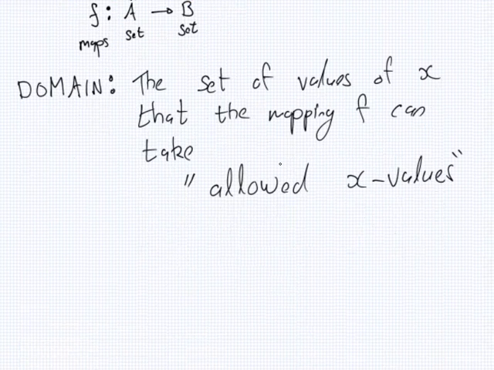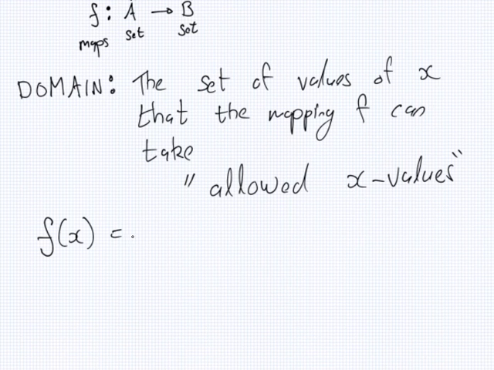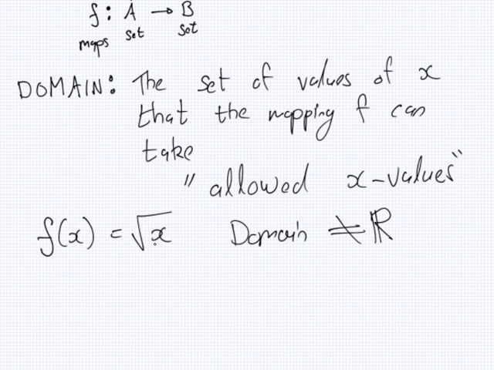Here's a very simple example. If I have this mapping, the domain is not all the real numbers. Why not? Well, you can't put a minus in here.